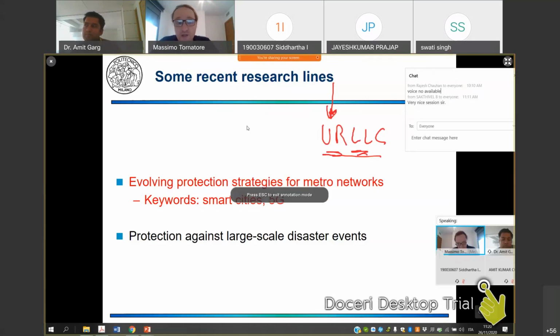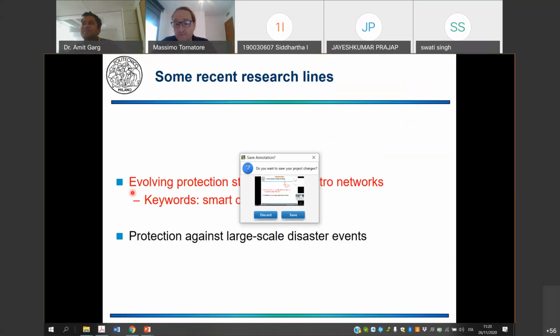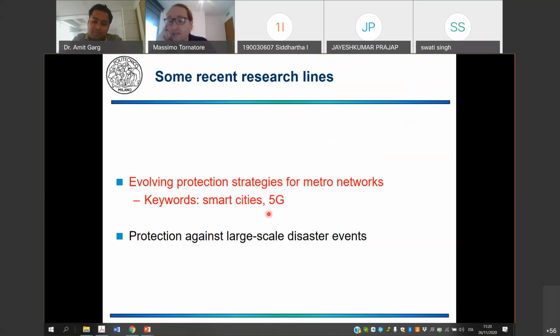So obviously, if we really want to implement these services, we need protection techniques that can provide this very high level of protection, okay? So a first topic is, for me, this protection for future smart cities and protection for 5G, which is really the protection in the metro part of the network.